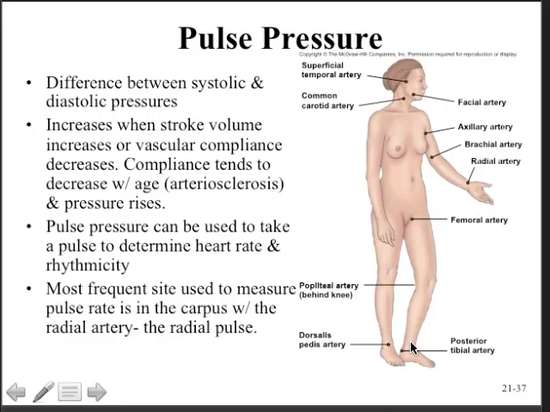In general, when you look at the outline of the body, what you tend to find is that veins tend to be superficial, arteries tend to be deep, and this is essentially designed so that if we do get injured, if we have a puncture or laceration or an abrasion, when we bleed, we don't lose massive amounts of blood because the pressures are relatively low.